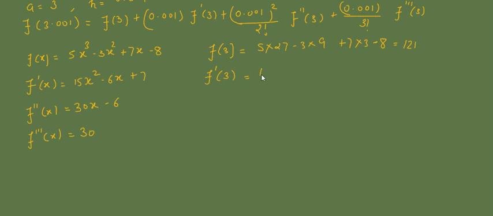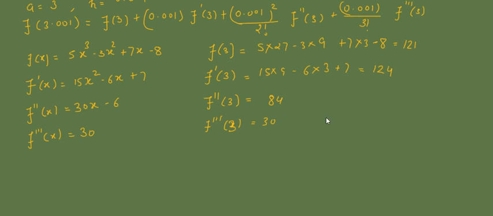So this is 15 into 9, that is 135, minus 6 into 3 plus 7. So this will be 124. Now the second derivative at 3: 30 into 3, that is 90, minus 6, that is 84.